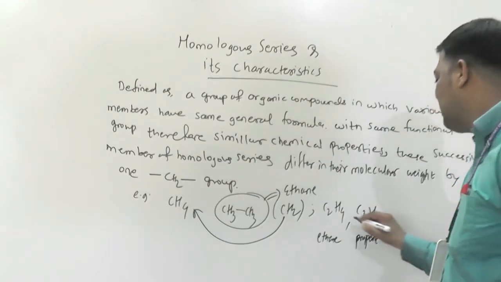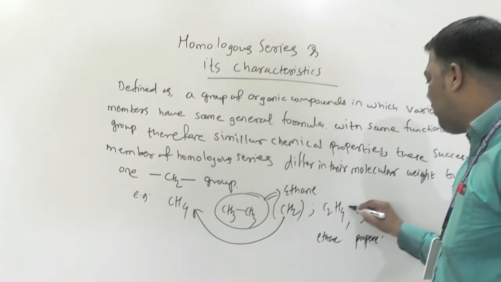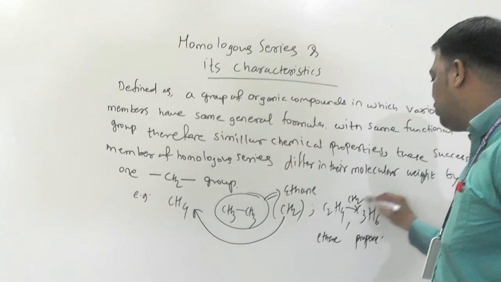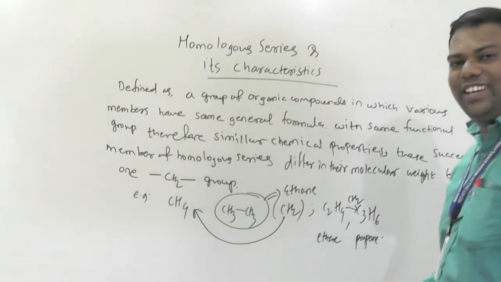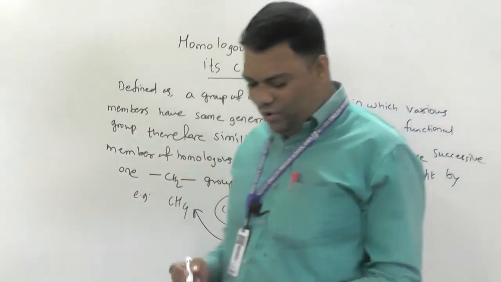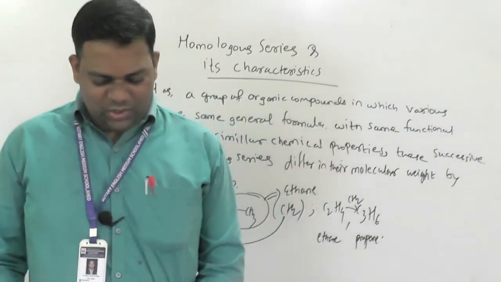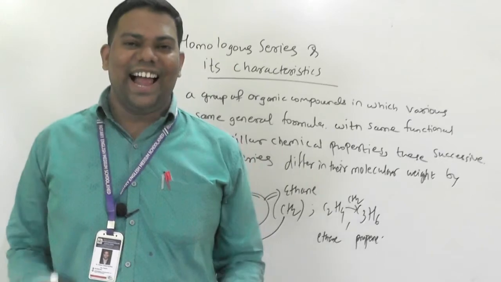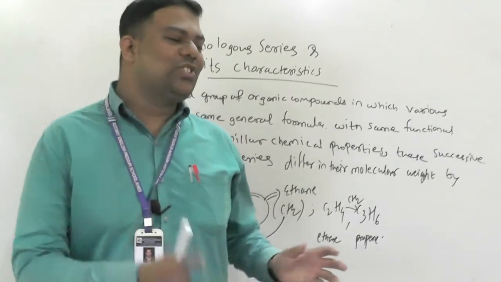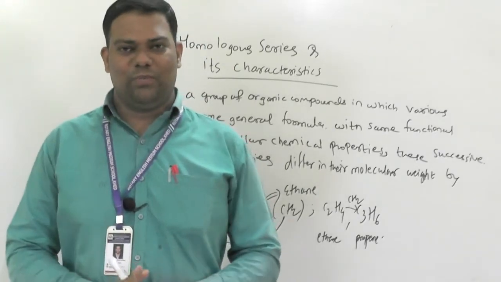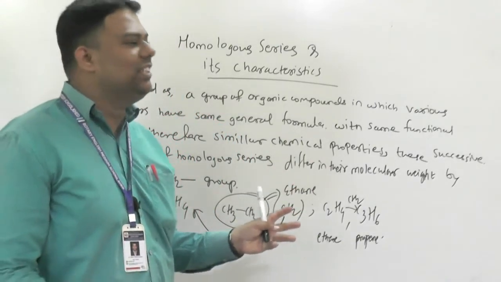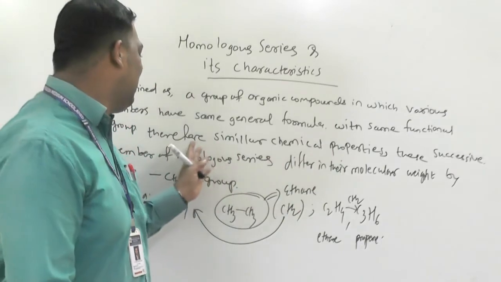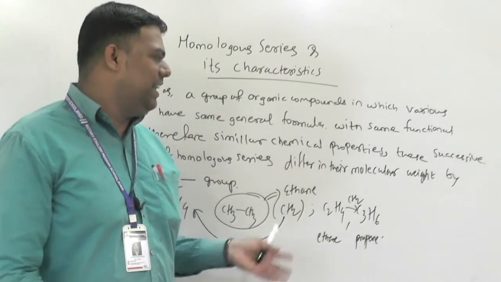Understood or not? It means addition of only CH2, one carbon atom and two hydrogens. Therefore, it is a homologous series. In each functional group we can add such CH2, so they have similar chemical properties, the same general formula, and they differ by only one CH2.